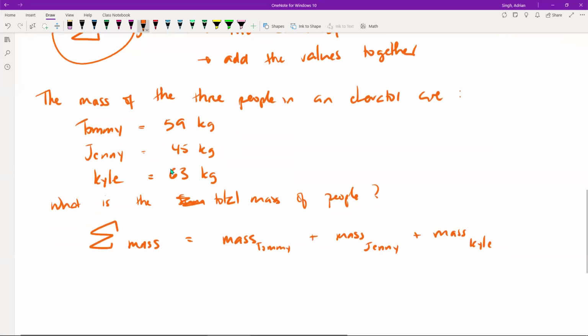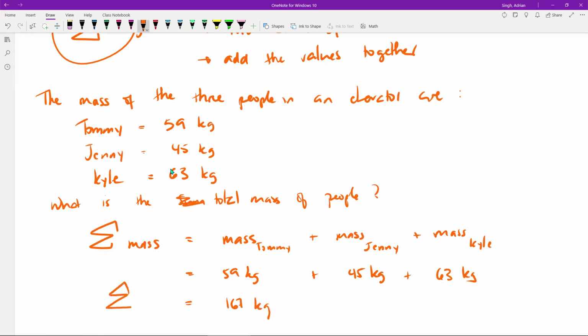In this case, we just have three. It's going to be 59 kilograms plus 45 kilograms plus 63. You can use a calculator if you want, or do it in your head if you're able to. I'm not going to waste my energy trying to do that in my head. I'm going to use my calculator. So 59 plus 45 plus 63 is going to give me 167 kilograms, right?